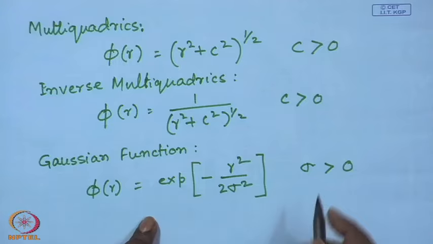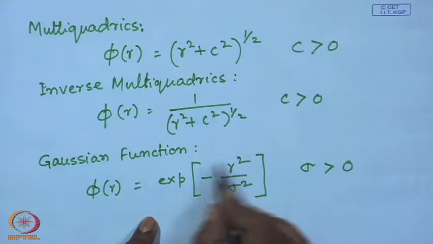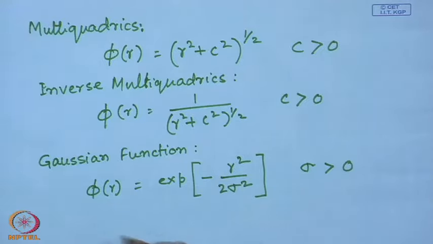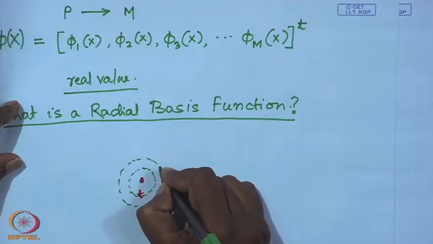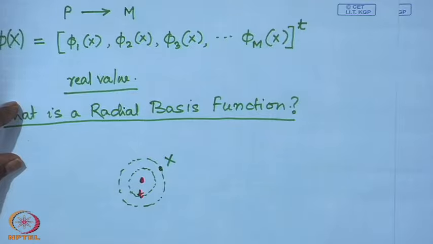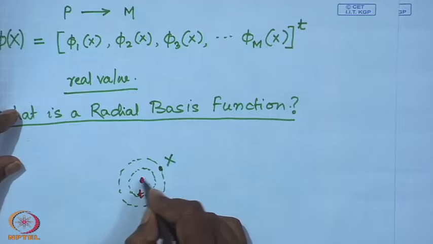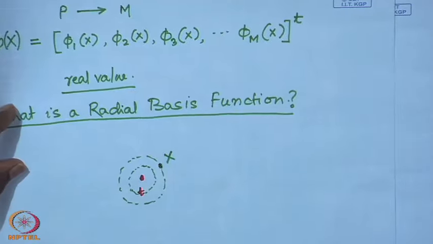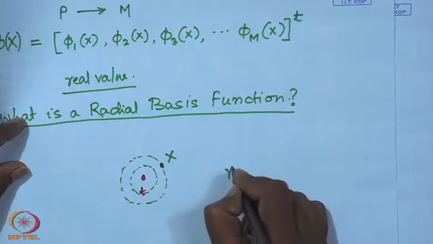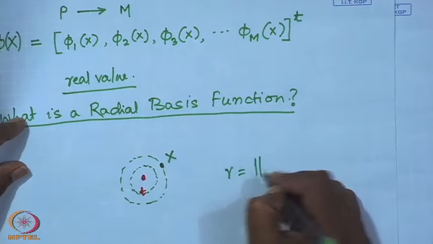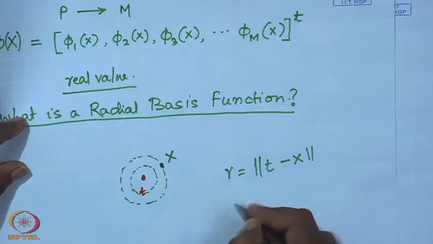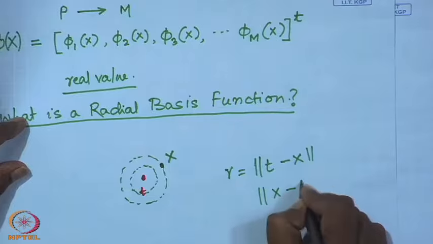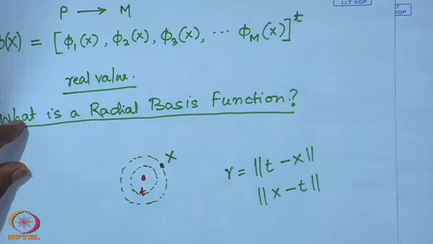So, if I want to compute the radial basis function at a point x, where t is the receptor of this radial basis function, then r is nothing but t minus x or x minus t, which is nothing but the distance between x and t.